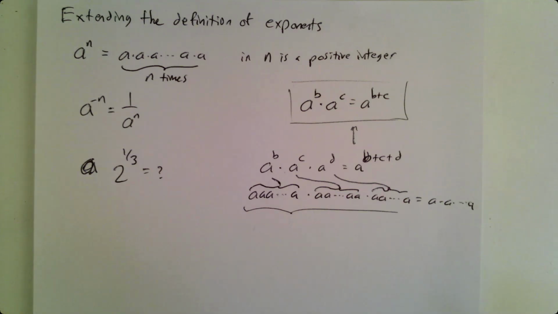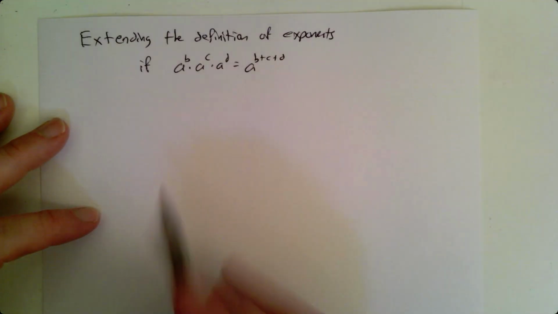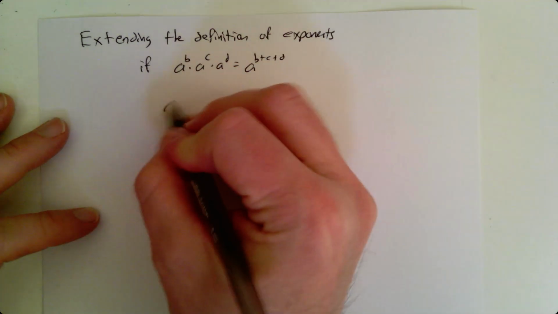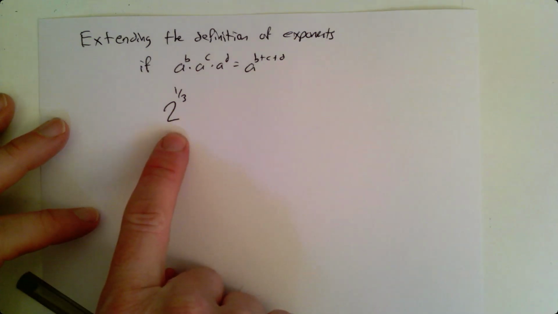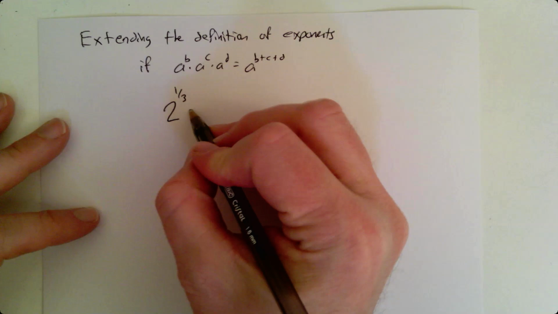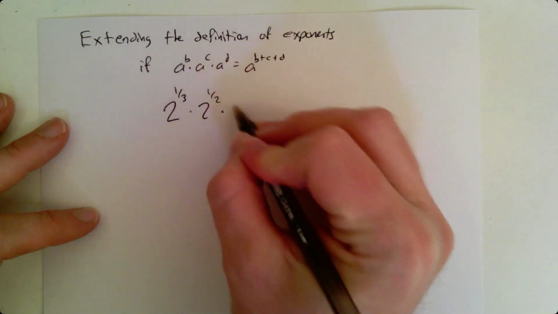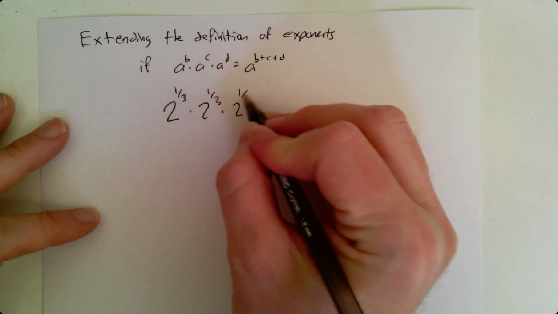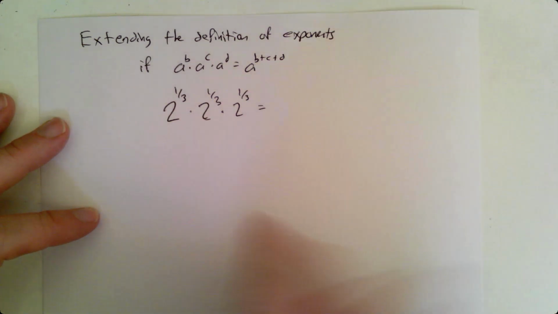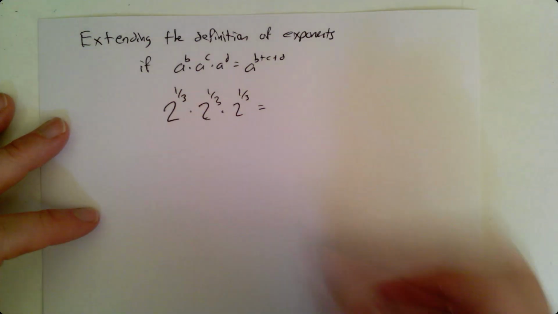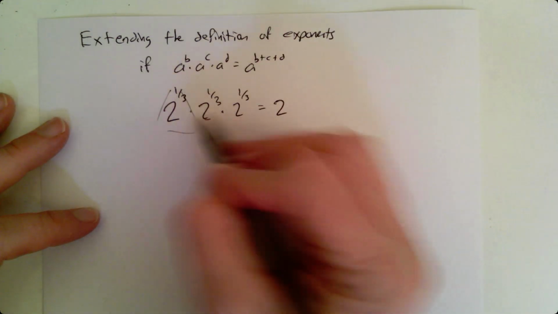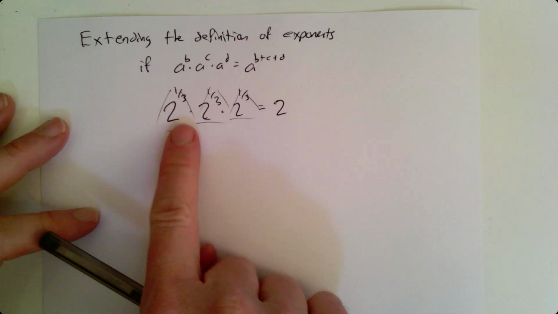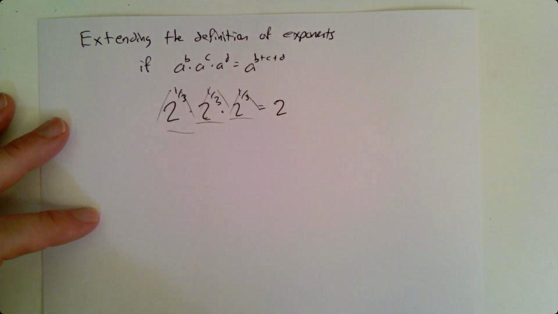All right, so let's repeat the same kind of argument that we did last time. If that rule is going to remain true, the question is, what meaning should we assign to that set of symbols, 2 to the 1/3? I'm going to have 3 copies of these. If we assume that this rule is true, we can add the exponents to get 2 to the 1st power, or 2. So we've described a single number times itself 3 times equals 2.